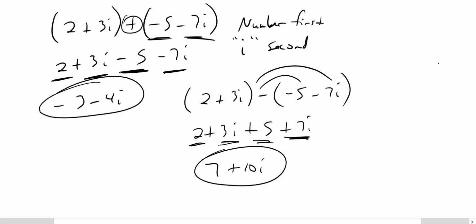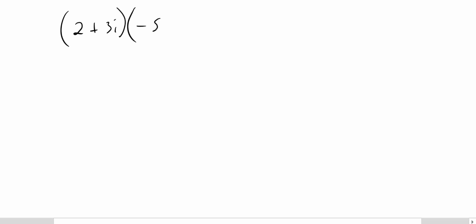Let's go one more step here, math fans, and do the exact same problem, but with multiplication. So it's 2 plus 3i times negative 5 minus 7i. All right, 2 times negative 5 is negative 10.